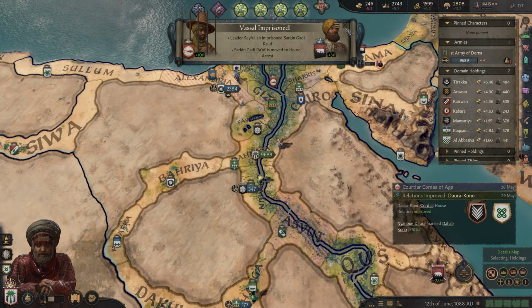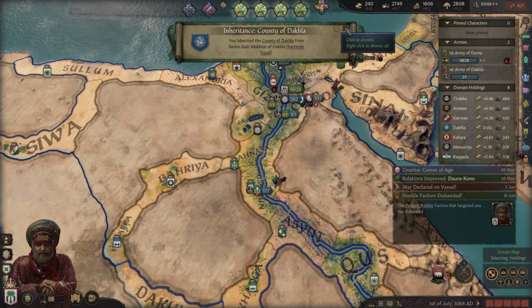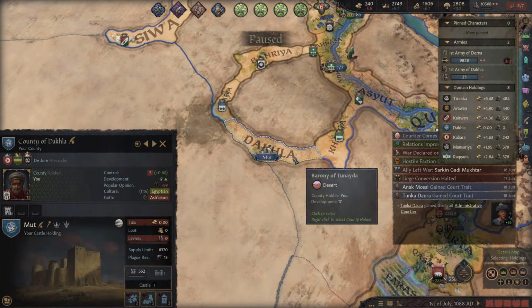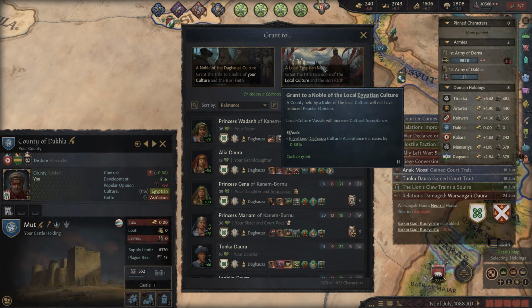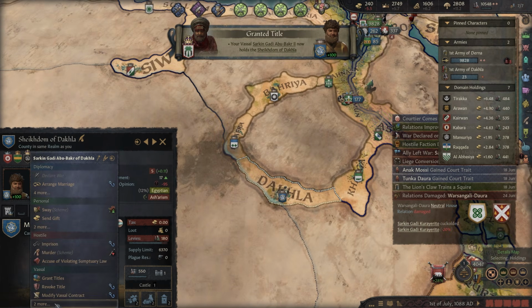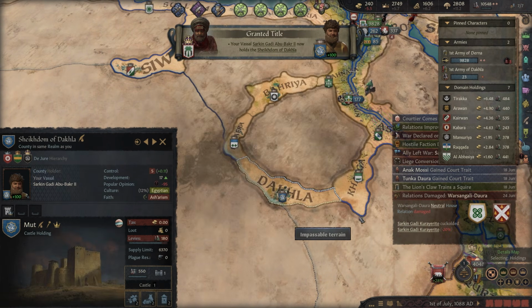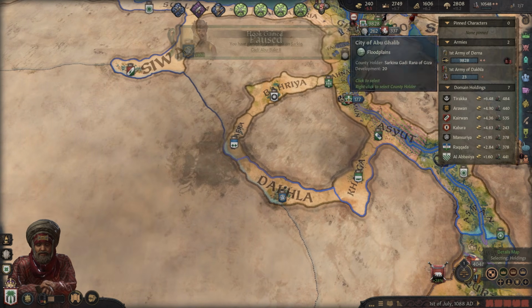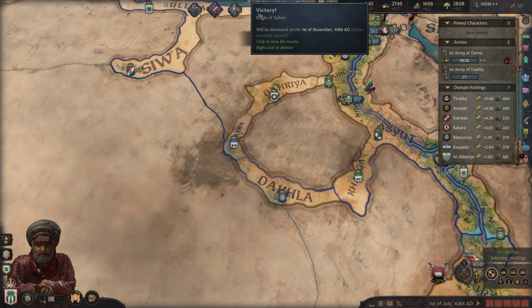Right. That's fine. I inherited Dakla. This one right here. Well, let's grant that to a local Egyptian noble, who I will then ask to convert. Or convert the land. That's okay. I'm not going to go to that coronation.